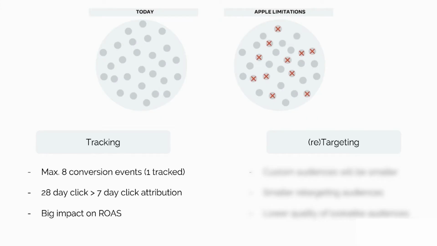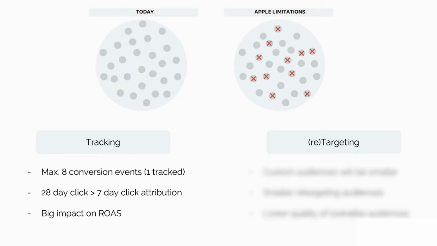So you can already understand that means that we will see less purchases, we will see higher ROAS, we will see higher customer acquisition. So it will affect our view and our performance. Then there is the other side, the retargeting. We are very used to create custom audiences based on the events, but as there will be only, for the people that opt out, there will be only one event that is sent through, we will also have less data about the events, and then custom audiences will be smaller.